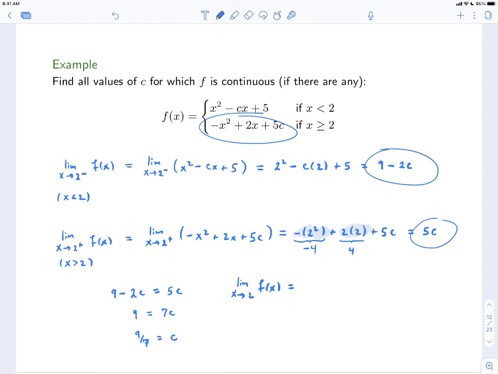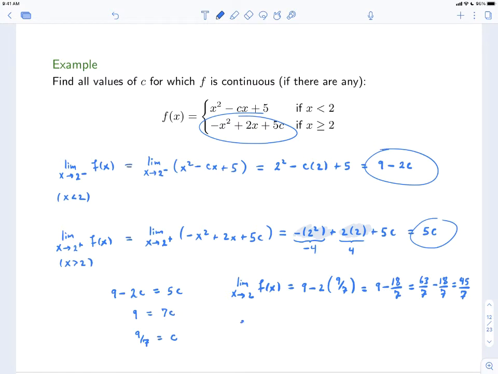So it's going to be equal to 9 minus 2 times c, which is 9 over 7. So what's that going to be? That's 9 minus 18 over 7, which is equal to 63 over 7 minus 18 over 7, which is equal to 45 over 7. So that's the limit as x approaches 2.